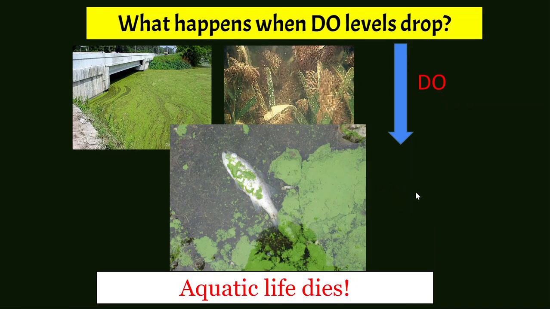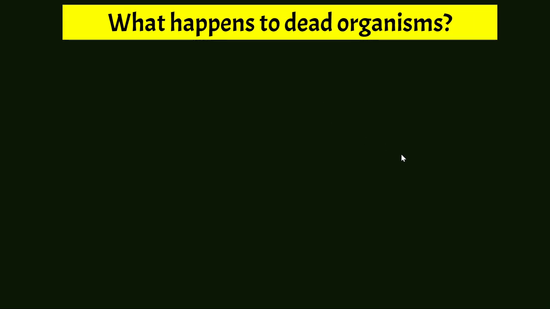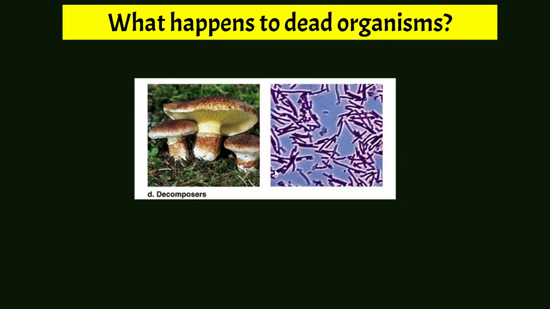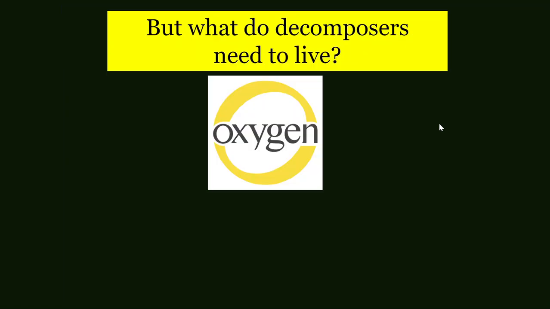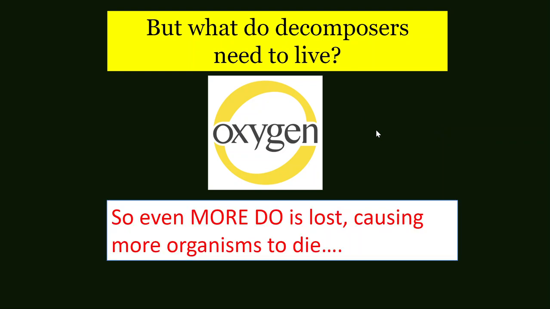And what happens to those dead organisms? Well, typically they are decomposed, right? Decomposers would break them down, but decomposers need oxygen or else they can't do their processes. So the more dissolved oxygen you lose, we actually have less of an ability for those decomposers to break them down.